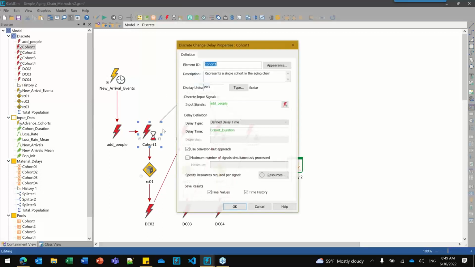And all it does is it says whatever discrete event, whatever discrete amount comes in, I'll just delay it. And that's all it's doing. So we add people coming in, and then we have a duration that is delayed.